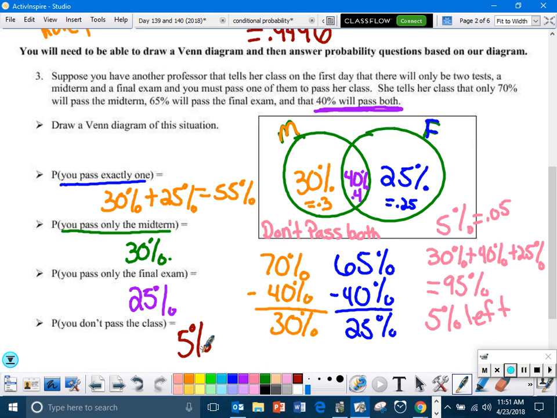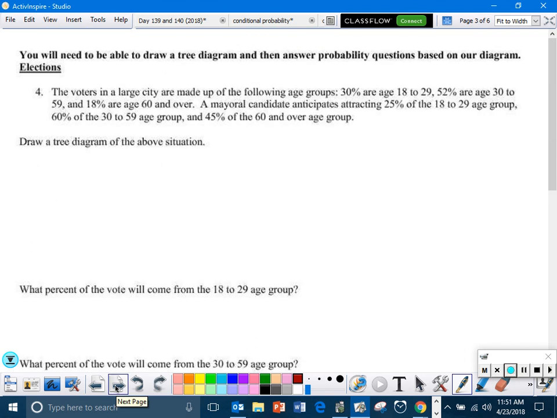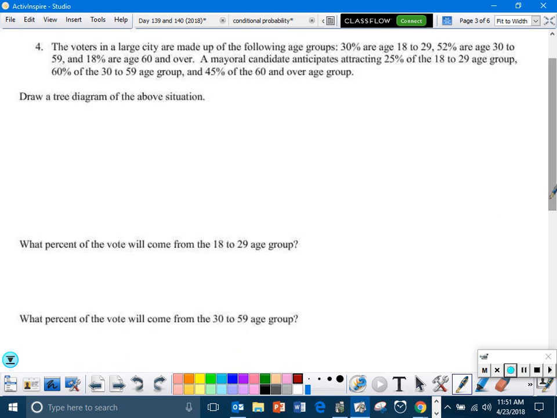All right, let's move on to the next page. So now we're going to do a scenario, but we're going to do it with a tree diagram. Okay, the voters in a large city are made up of the following age groups. We've got 30% that are in the 18 to 29, 52% are in the 30 to 59, 18% are age 60 and over.